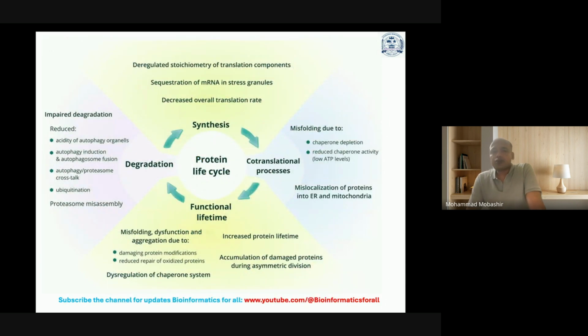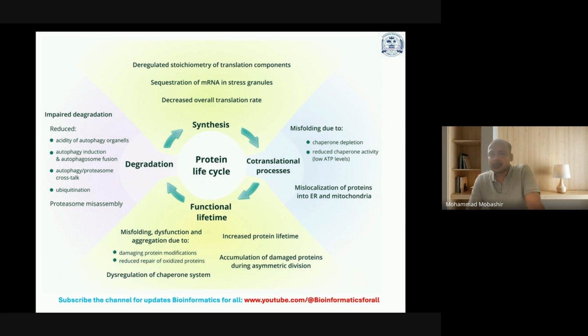Now, the protein cycle, if you want to understand: the synthesis process, co-translational process, functional lifetime, degradation. In synthesis, the deregulation is in the stoichiometry of translation components, sequestration of mRNA in stress granules, decreased overall translation rate.